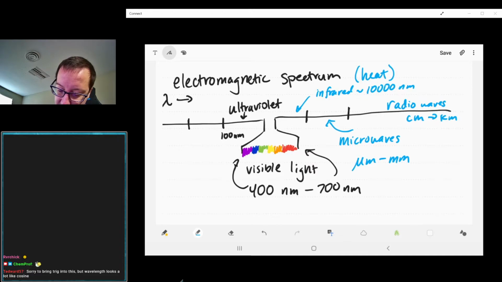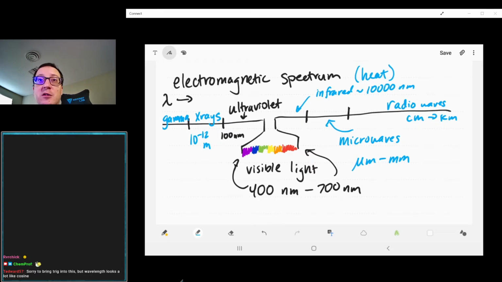If we go past ultraviolet the other direction, we get into X-rays and gamma rays. Around 10 to the minus 12 meters is where we somewhat draw the line between X-rays and gamma rays, where we're getting very, very short. As we probably know, X-rays are also not something you want to be zapping yourself with.